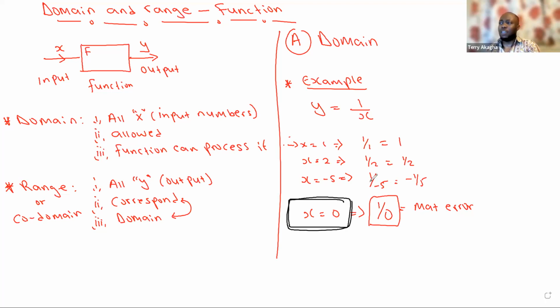So for instance, in this function, y is equal to 1 over x, x can be anything. x can be 50, 100, 1 million, 2.5 million, except 0. So all other numbers except 0 are the domain. In this function, it can allow any other number for x except 0.